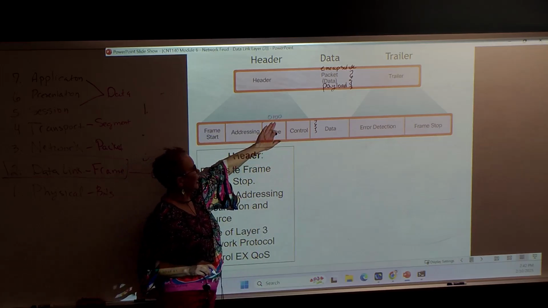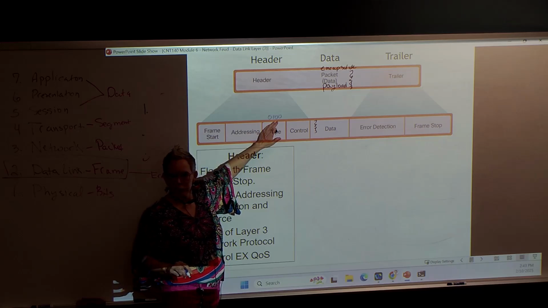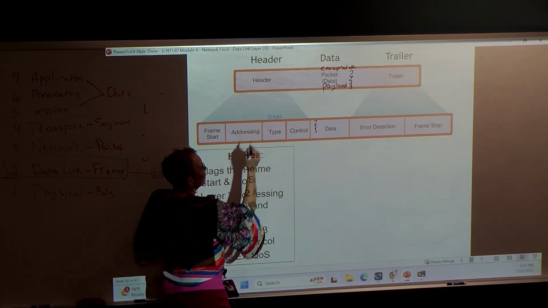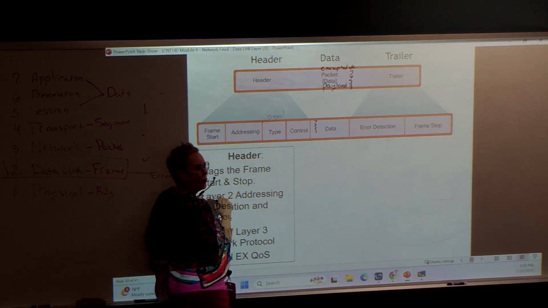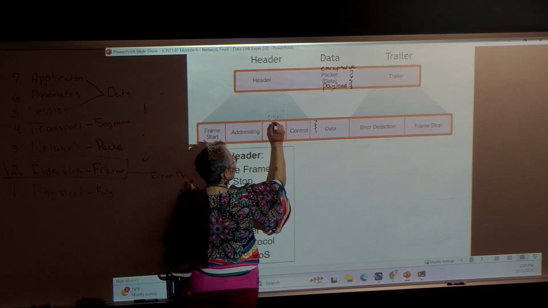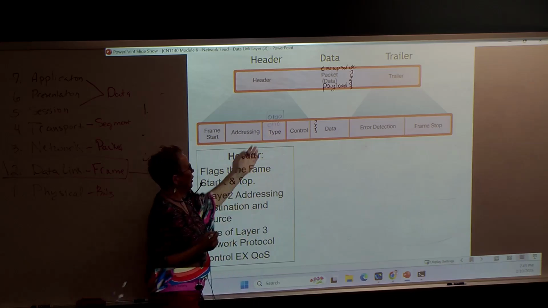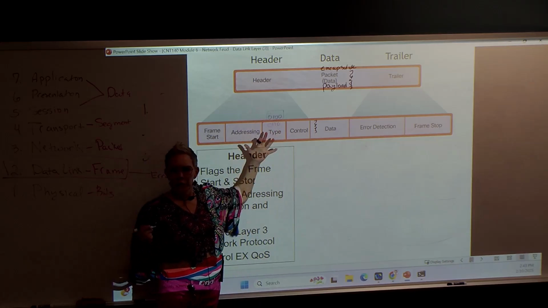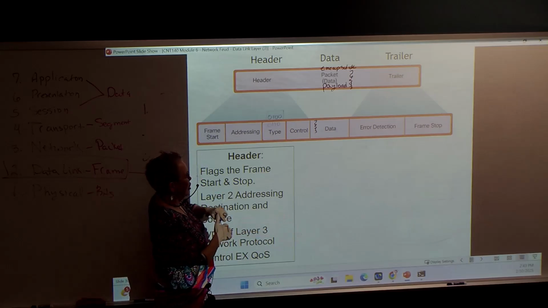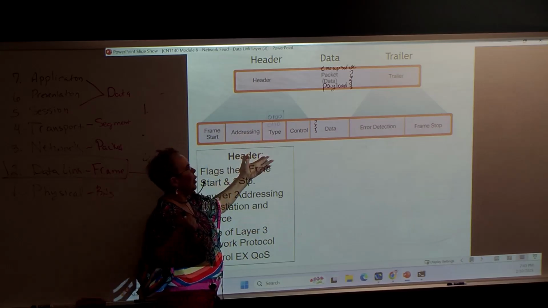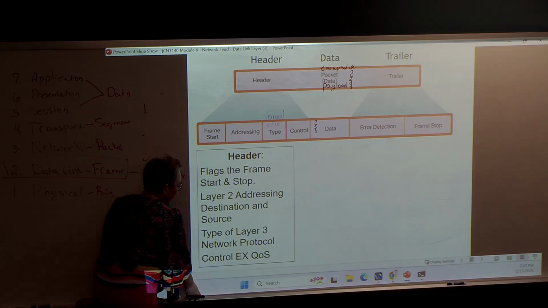Because what number would this be? 4. And if it's IPv6, it would look like this because that's the number 6. So that's the way these bits are informing the frame. It's easiest to show it with the type because we know IPv4 and IPv6.